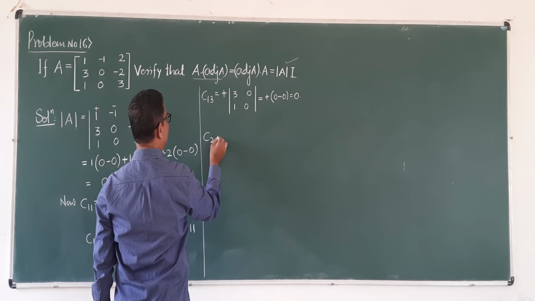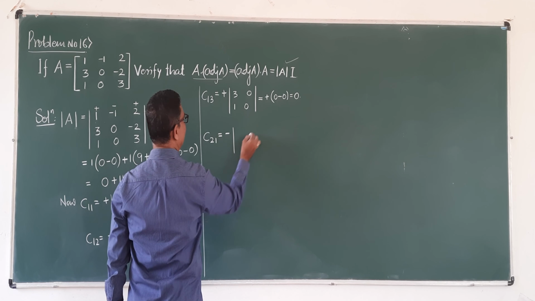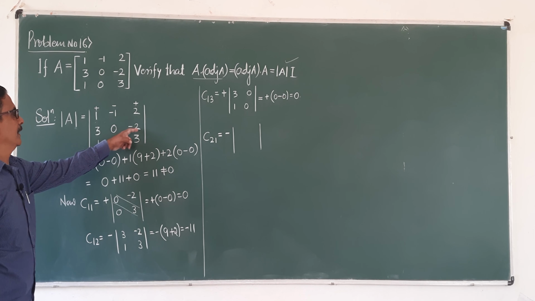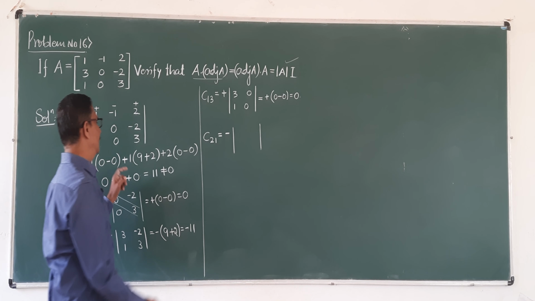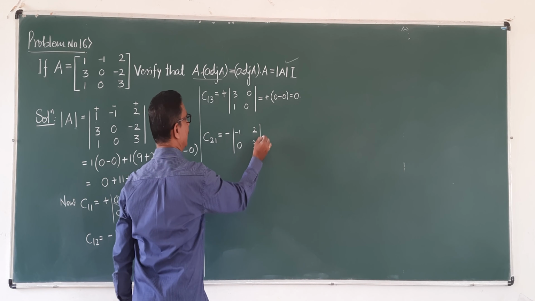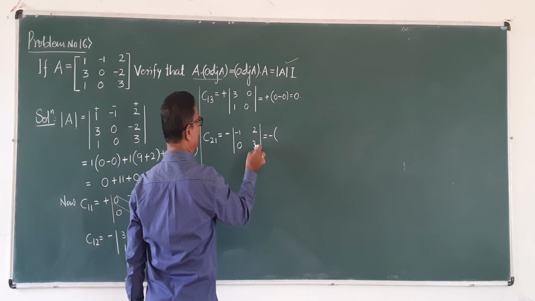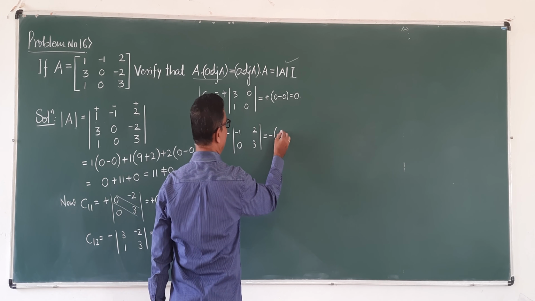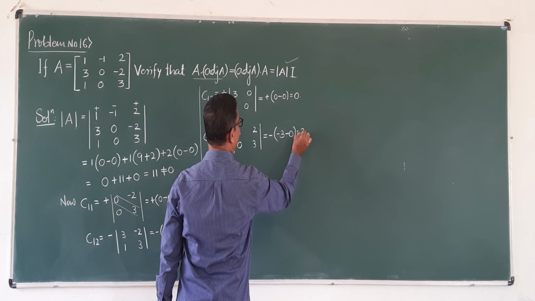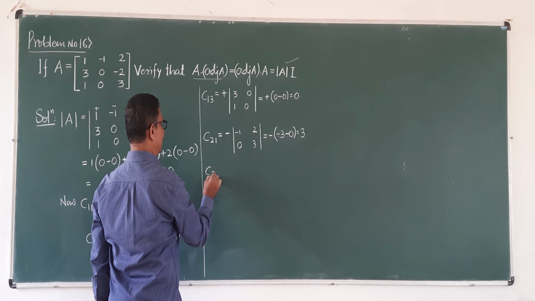Next C21: 2 plus 1 is 3, odd, so the sign is minus. Deleting the second row and first column, we get minus 1, 2, 0, 3: the difference of the cross multiplication is minus 1 into 3, minus 3, minus 0 into 2 is 0, so minus 3, and with the minus sign it becomes plus 3.